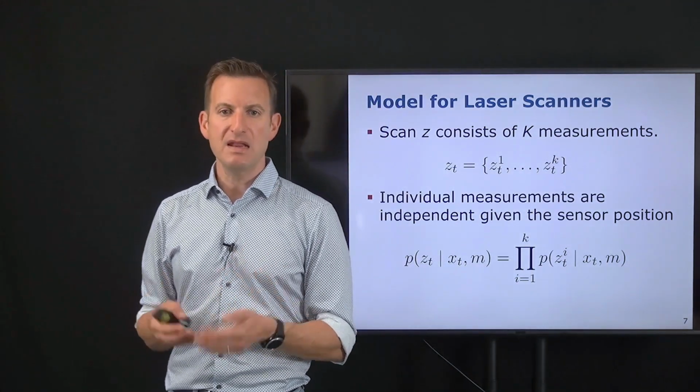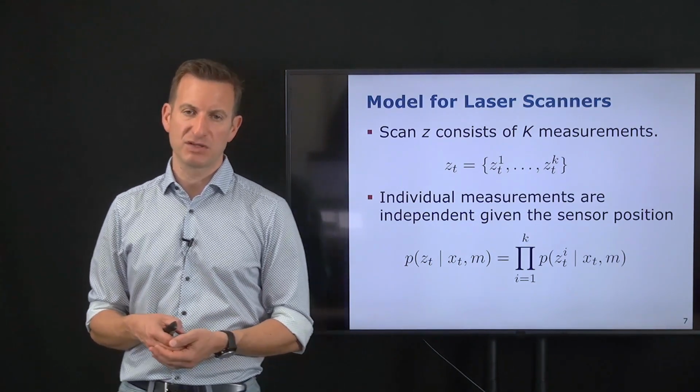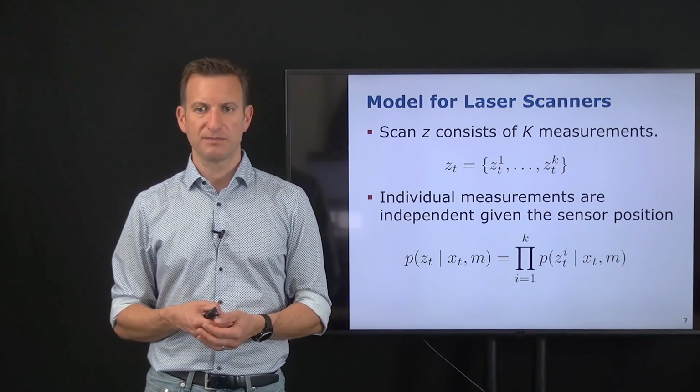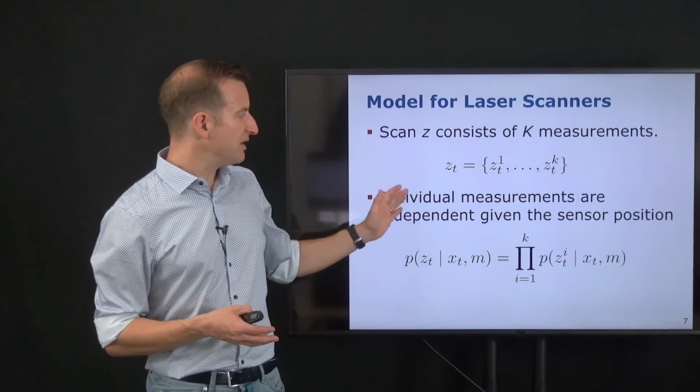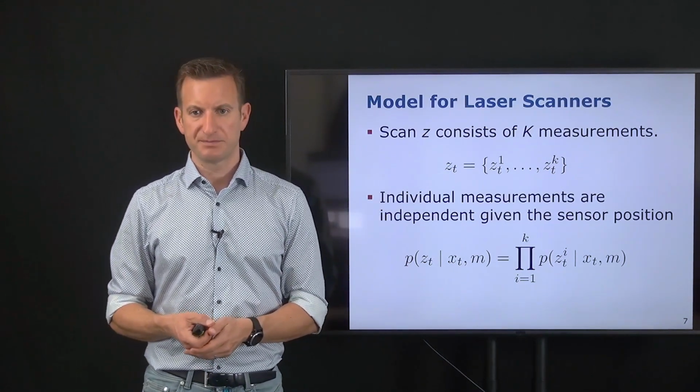So this is the independence of the individual beam given the map, given the state information about where the system is in the environment, for example for localization. Okay, so individual measurements are conditionally independent given the state of the world.